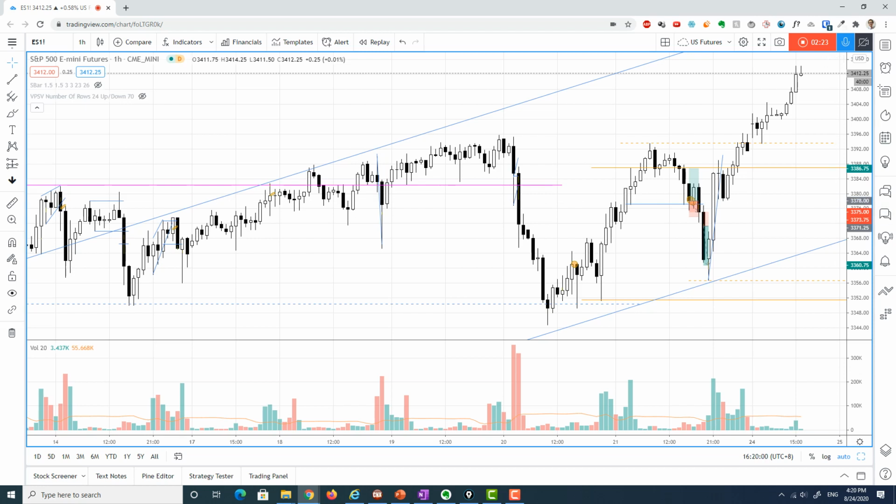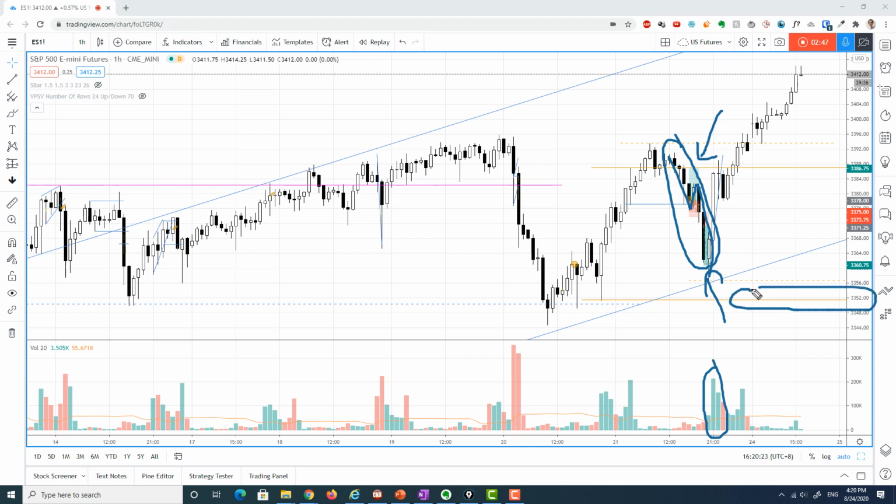You can see that prior to the US opening around 9:30 p.m. my time, we have a relatively sharp reaction, as pointed down here. This two legs down reaction is relatively sharp, but it just barely touched the previous day low.